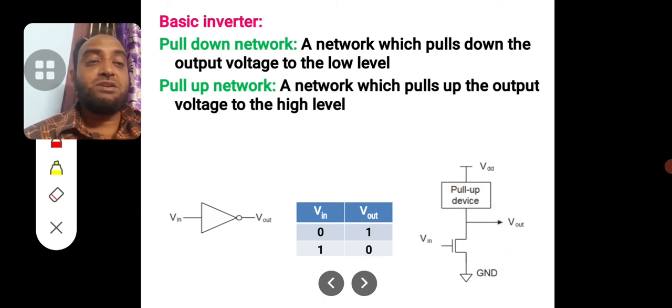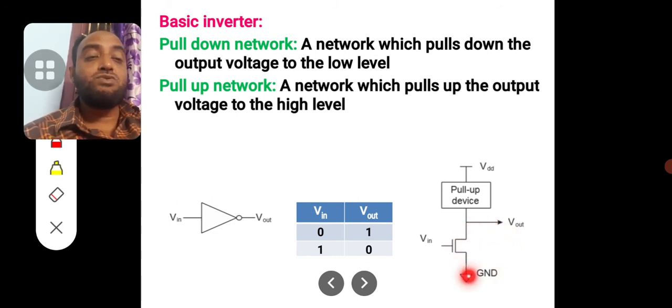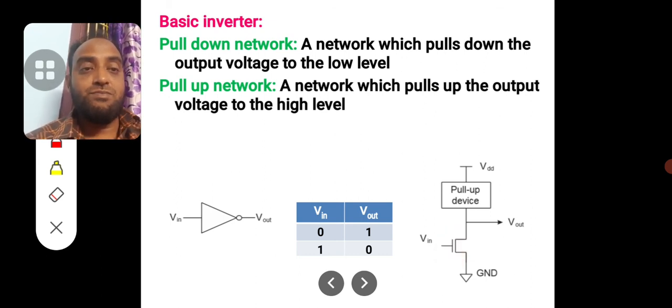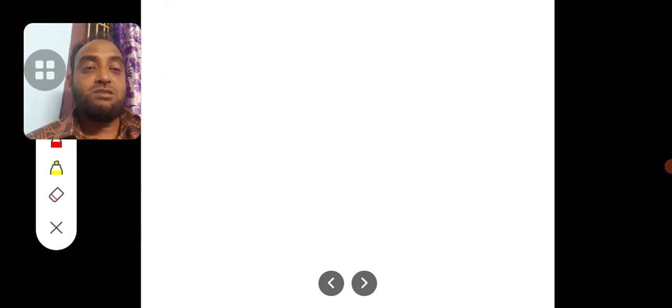Now the load capacitor, which was fully charged, will get discharged through this transistor. The voltage level which was high has been made low by turning on this transistor, so that is the reason why this device is called the pull-down device. This is the device which is making the output become 0. So that is the pull-down network.